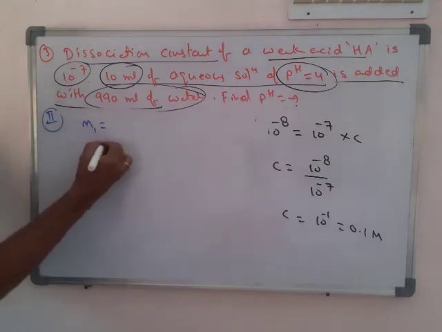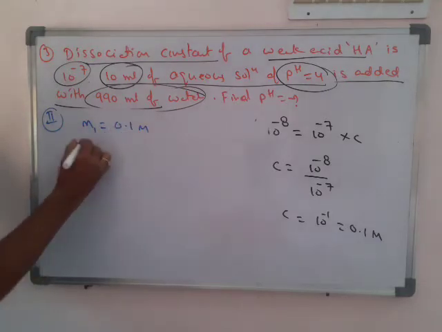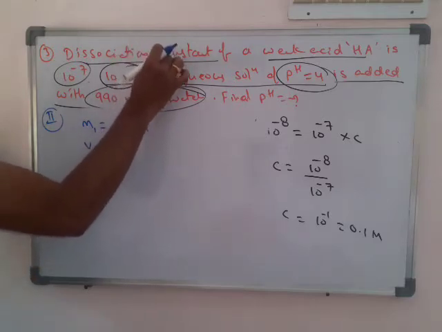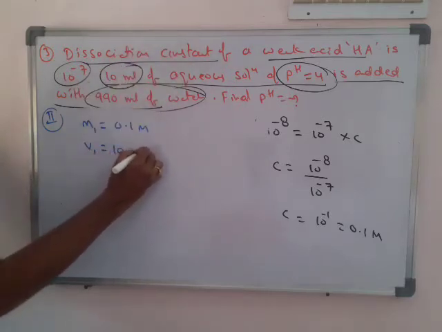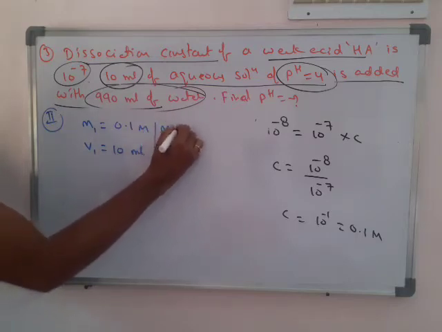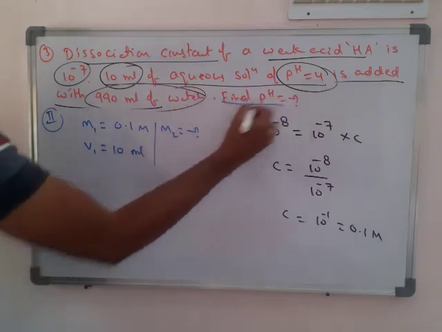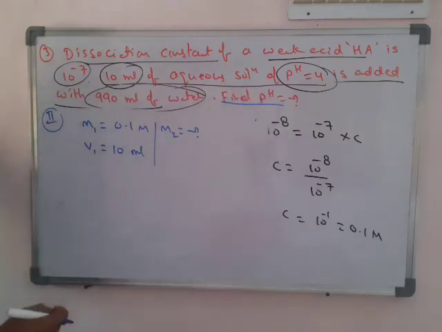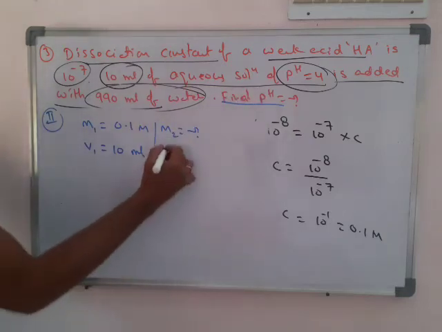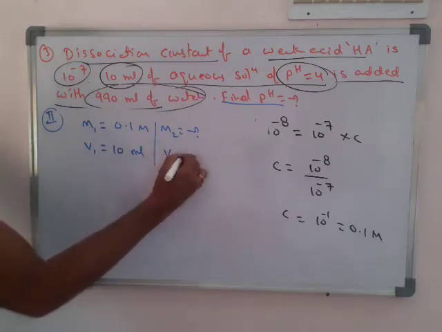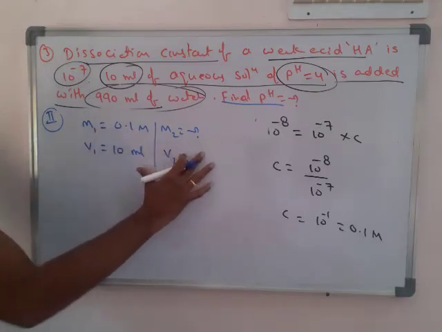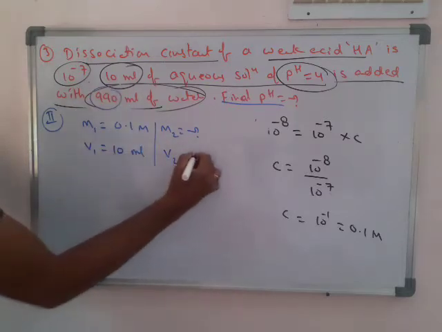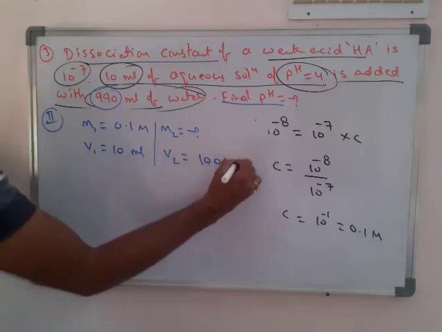Initial concentration M1 we got as 0.1 M. What is V1? The volume of that solution taken is 10 milliliter. What is M2? We have to find that final concentration, and after the concentration we will get the pH. V2 is 990 plus 10, that is 1000 milliliter.